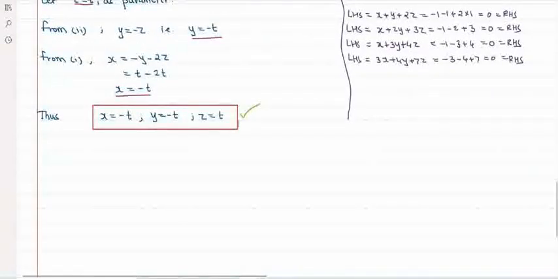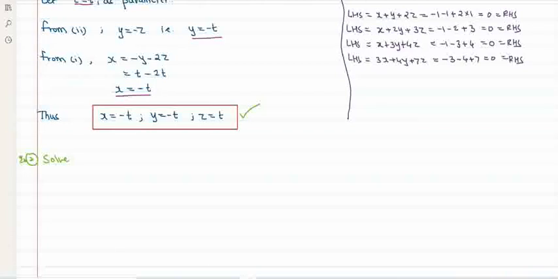Okay. Second example. Solve the equations. First one, x plus 2y plus 3z equal to 0.